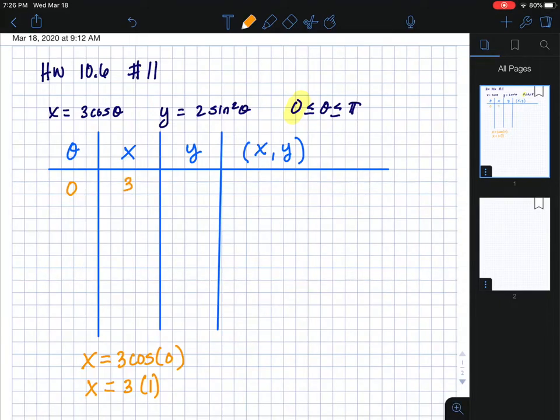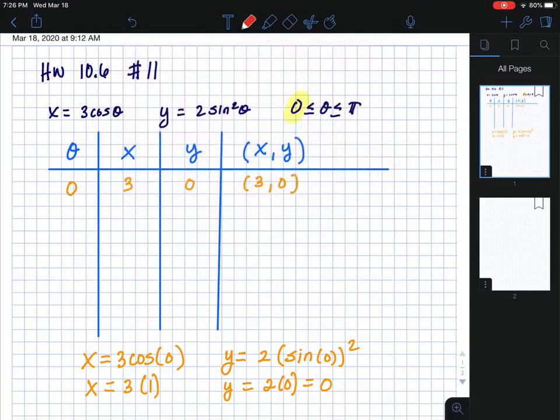We plug in 0 for y. And again, I like to write my sine squareds like that. Sine 0 is 0, so we get 0. So our ordered pair is 3, comma, 0.